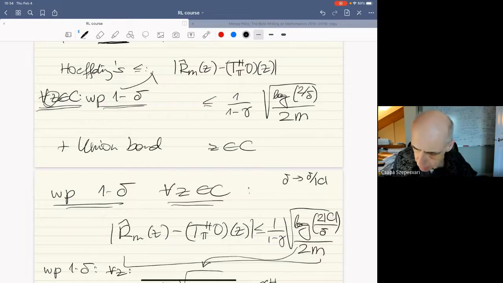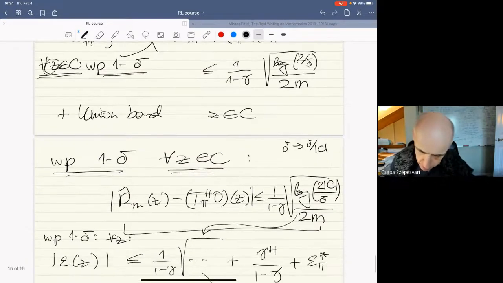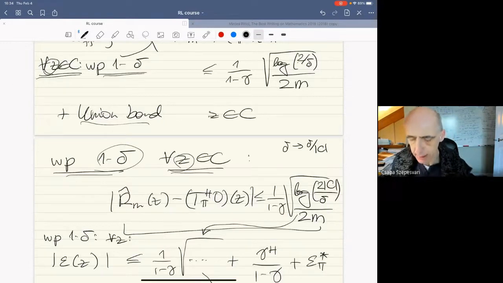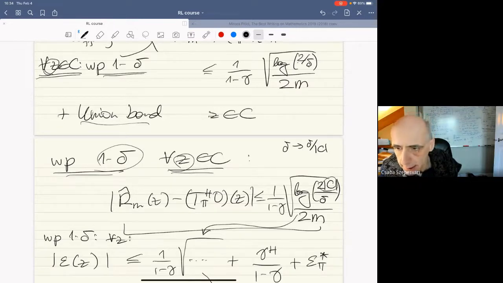So you have just 2 over delta. If you apply a union bound and you want to control the error for every z, not just for a single z, then you have the cardinality of C appearing there. So that's the price that you pay for controlling the errors for all elements of the set C.